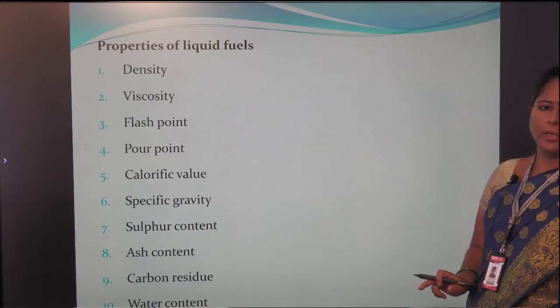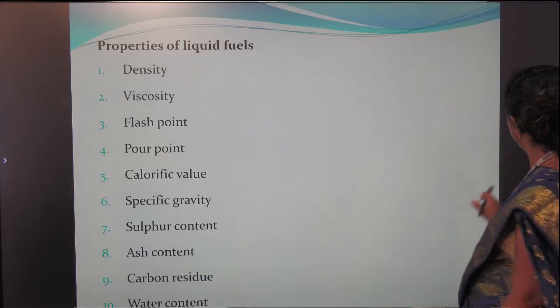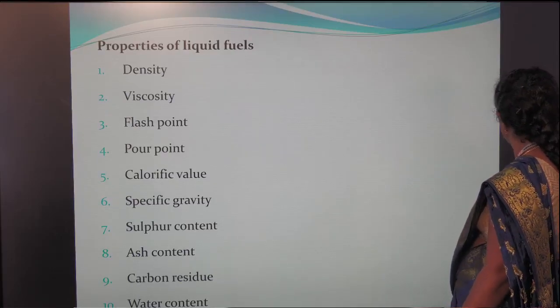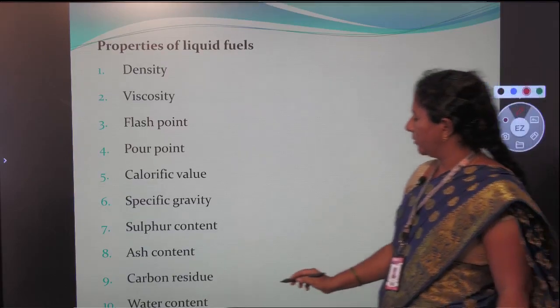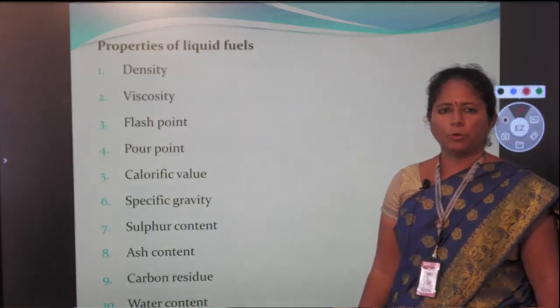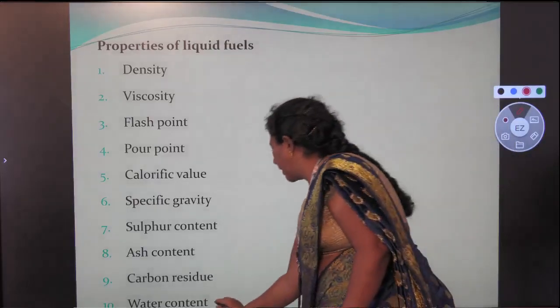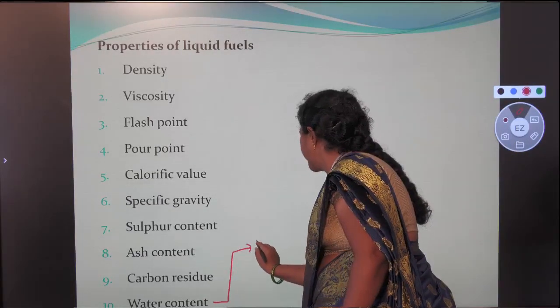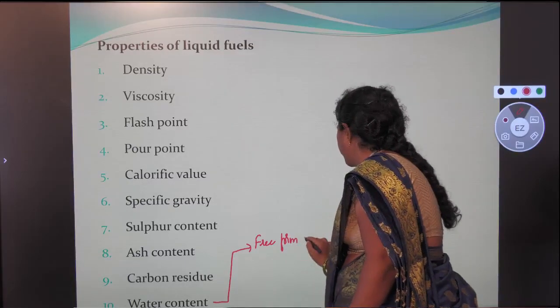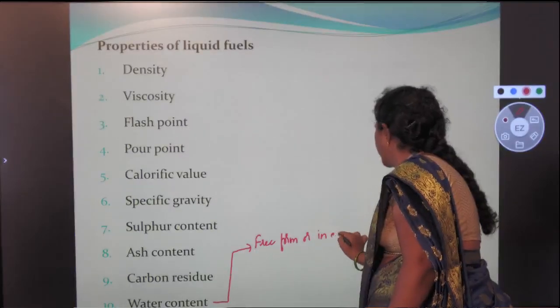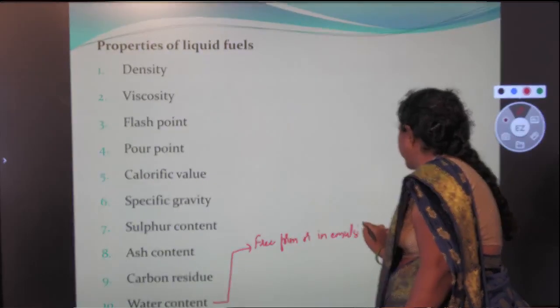And the last property is water content. So, the liquid fuels will contain less amount of water content, and this water content may exist in free form or in emulsified form.